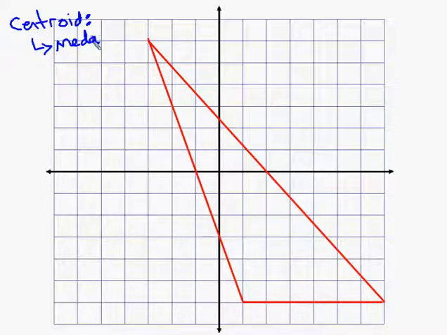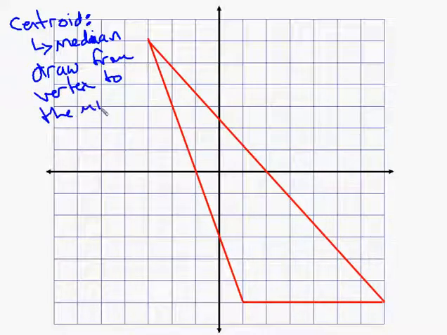Well, a median is not necessarily perpendicular, but it does bisect the opposite side. A median is drawn from a vertex to the midpoint of the opposite side.